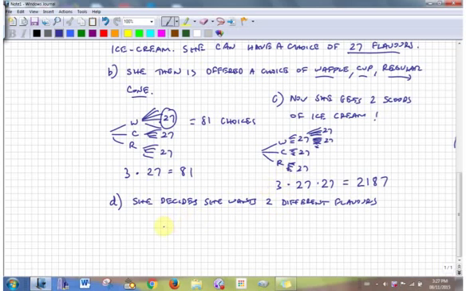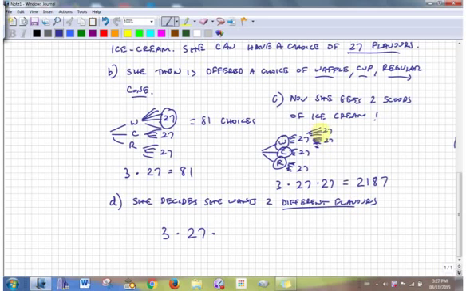Well, without doing my diagram again, she still has a choice of how to get that in a waffle, a cup, or a regular. She has 27 choices for her first scoop, but now a different flavor means I can't get the same flavor twice.